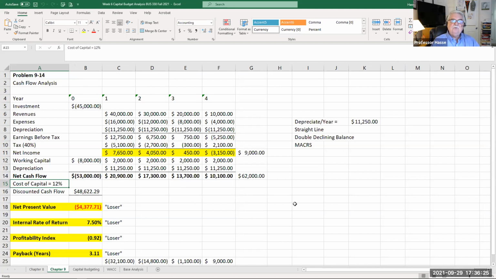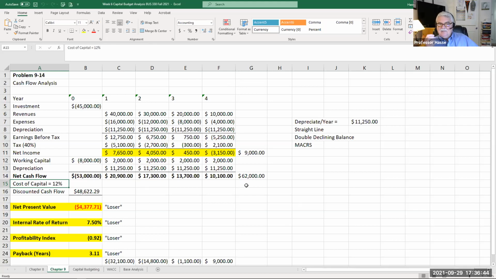We put all those together and we came up with the cash flow of this project, an investment of $53,000, generating approximately $62,000 in cash over its depreciable life of 4 years.